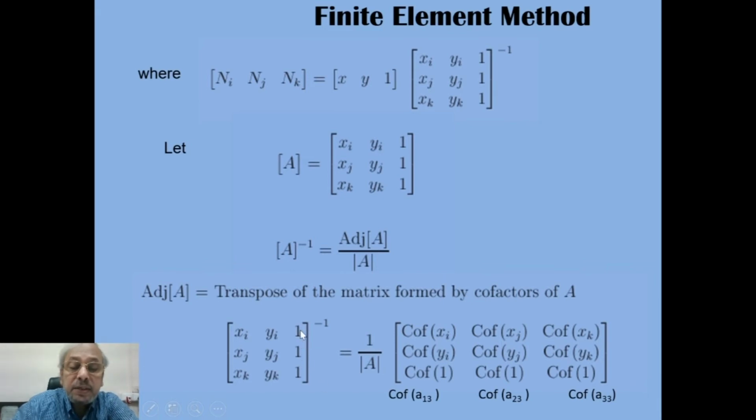Basically this one represents A13, so this term will be equivalent to the cofactor of A13. This term will be cofactor of A23 and this term will be cofactor of A33.